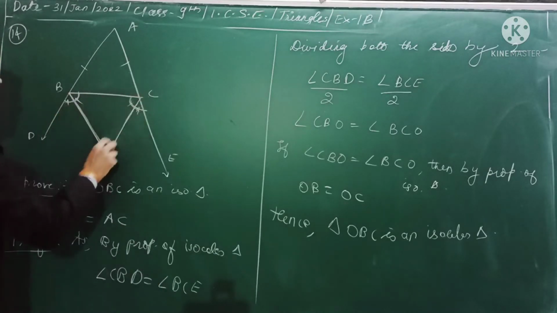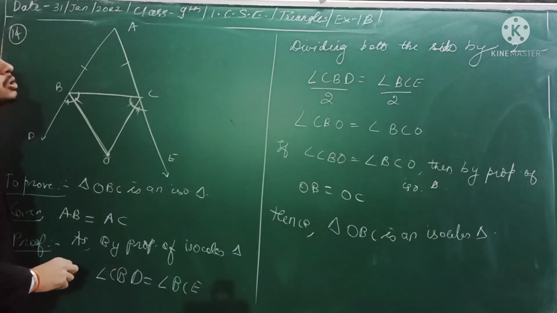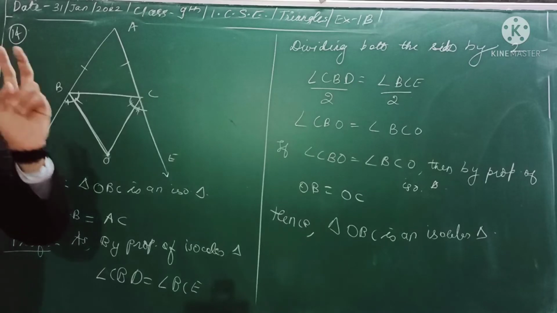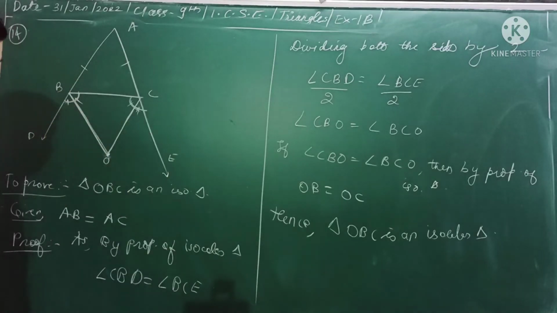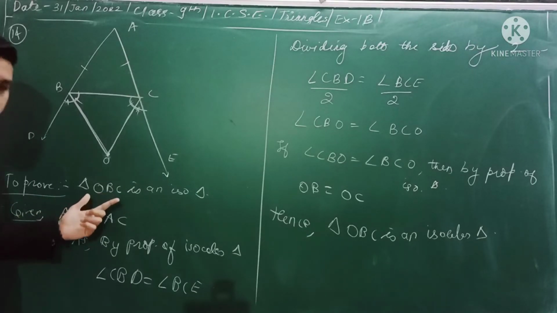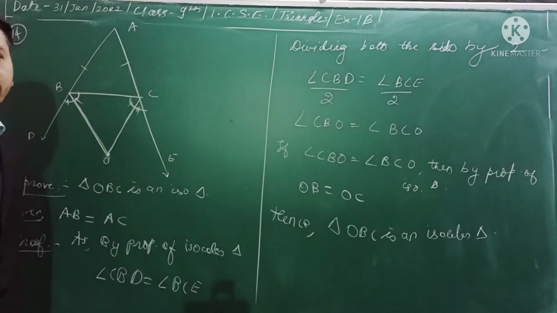Definitely if a triangle has two sides equal, then that is an isosceles triangle. So we may clearly write: to prove triangle OBC is an isosceles triangle.